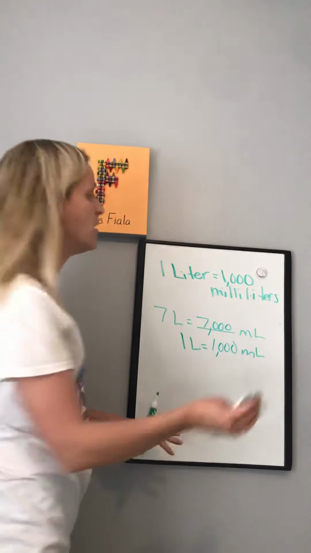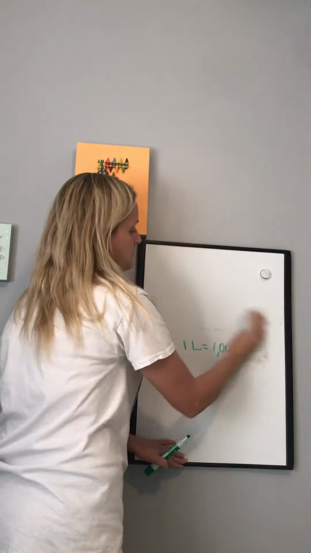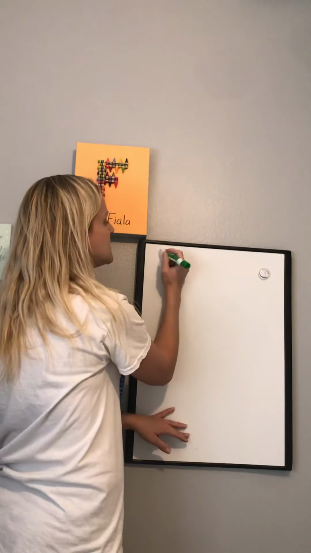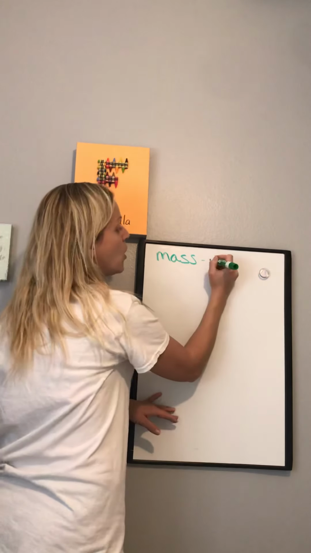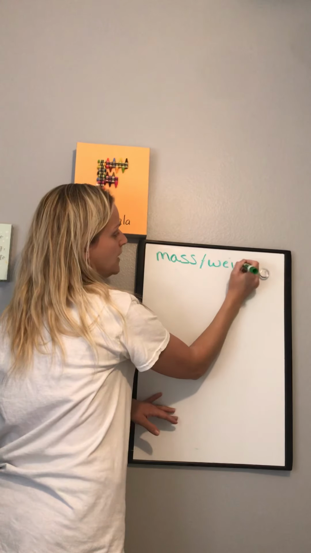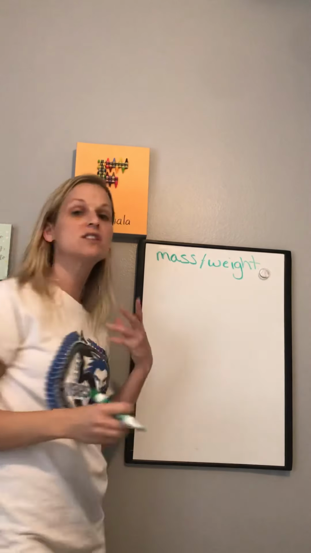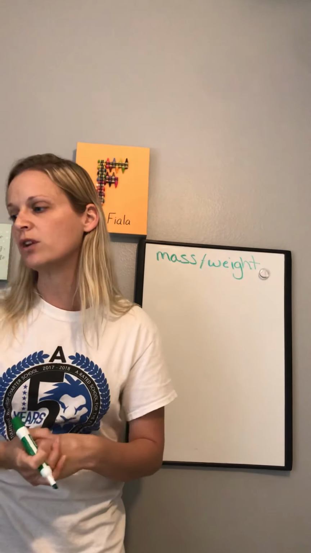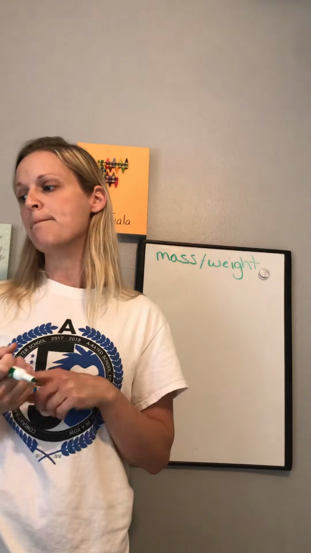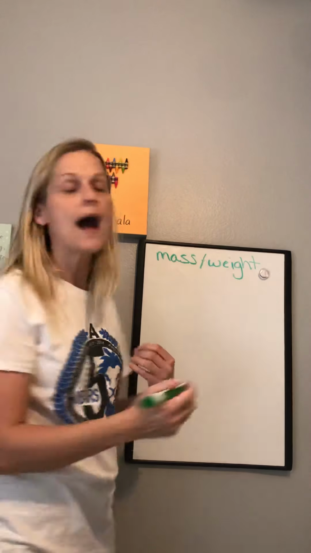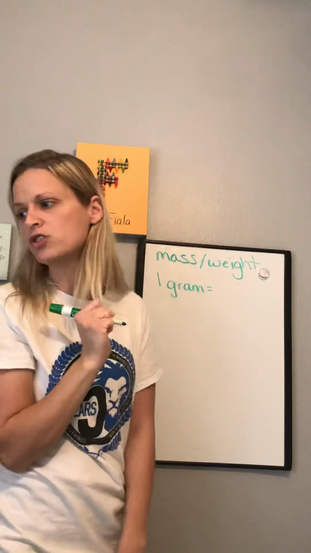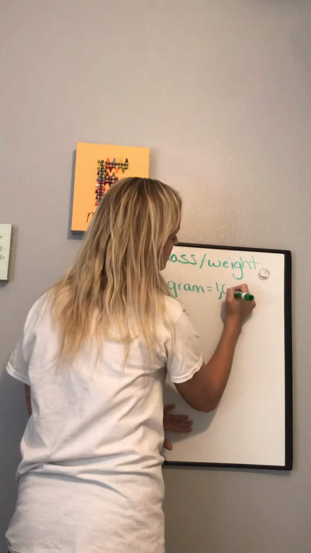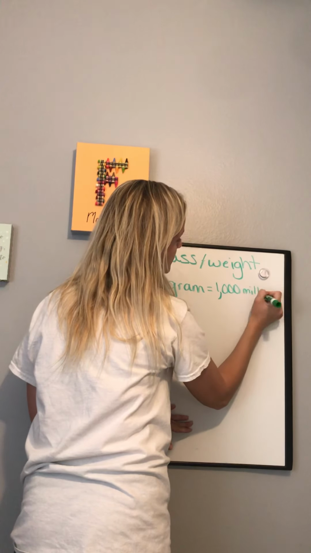Now let's talk about mass. Metric units of mass. Mass is very similar to our customary units of weight, okay? So what information is given to you? For metric units, we use grams, milligrams, and kilograms. So I have 1 gram is equal to 1,000 milligrams.